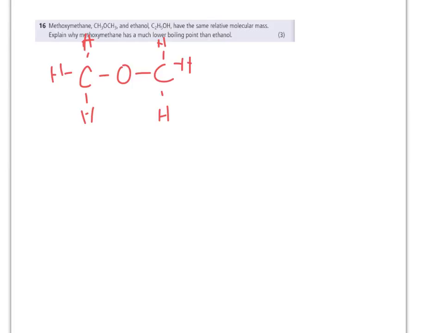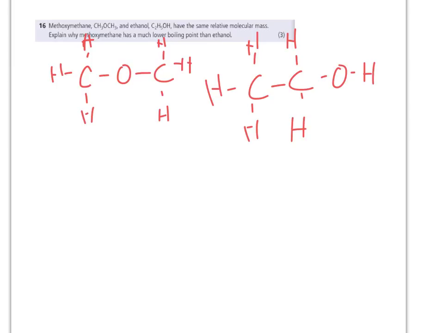There's slight polarity with the oxygen, but not a highly polar bond, whereas with the C2H5OH, I've got the very polar hydrogen bond down here, and then the nonpolar end. So this is going to have a much lower boiling point, because it's less polar.